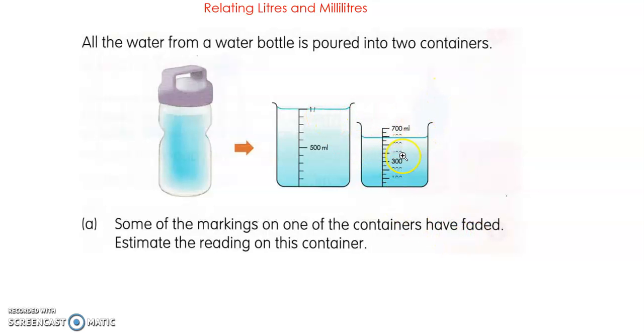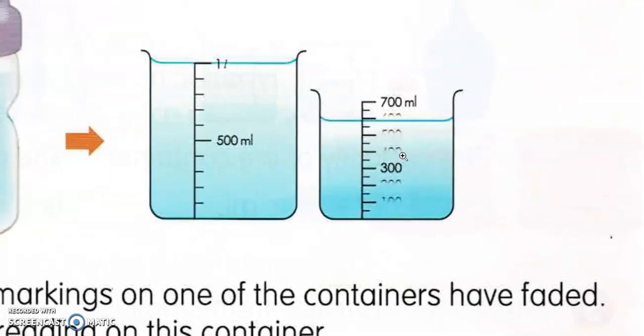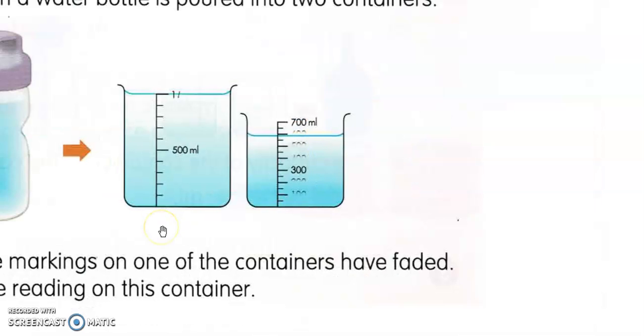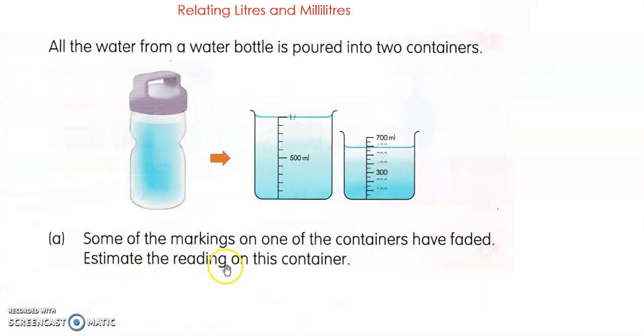So this container, its marking is here 300, but some of the markings are faded. The numbers on the scale were deleted. But the question here is to estimate the reading on this container. Okay, let's do this together.